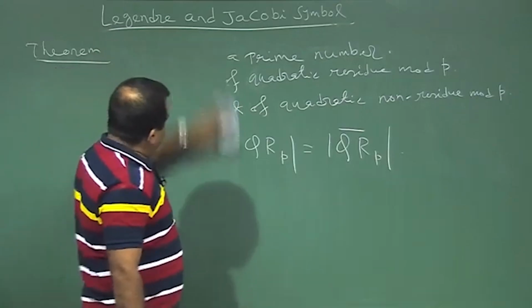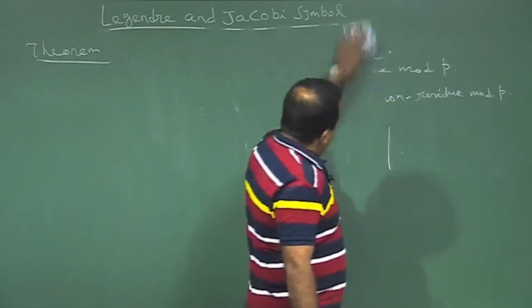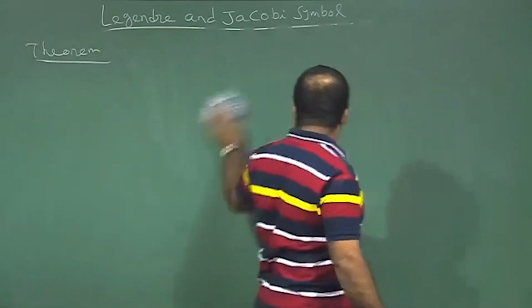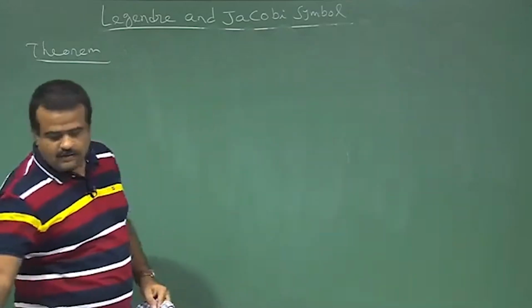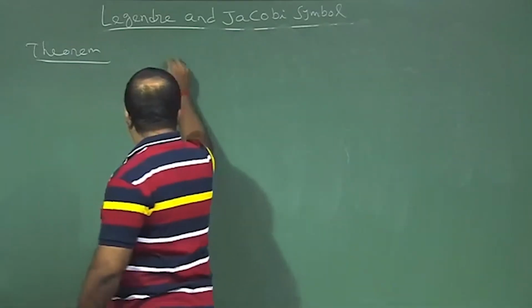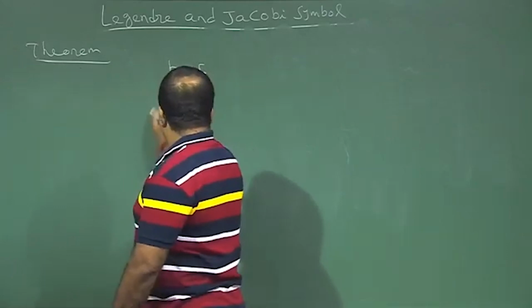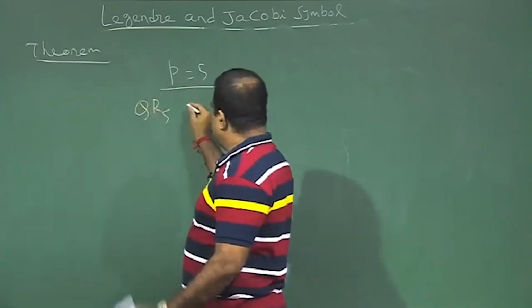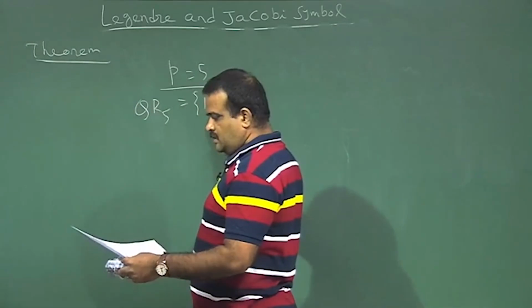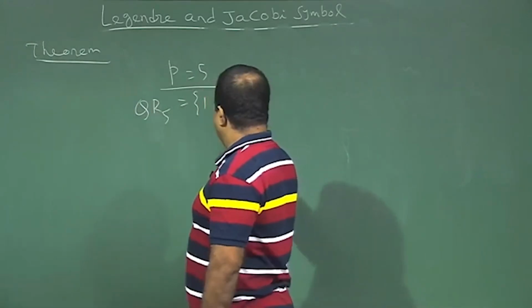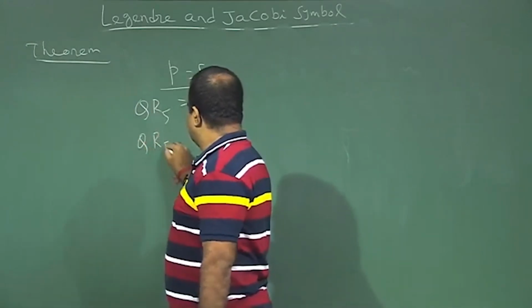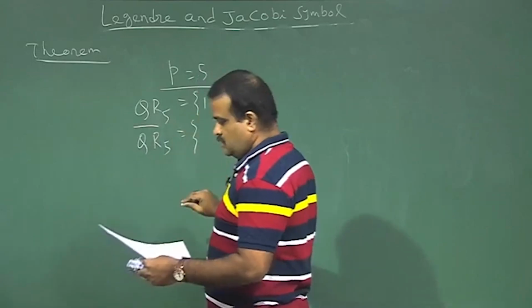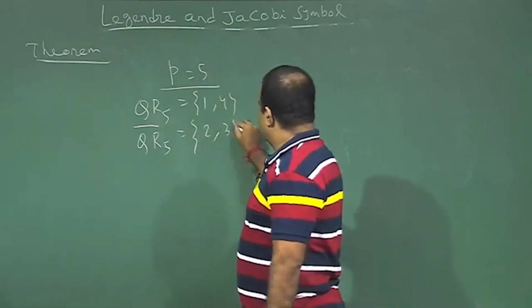Suppose p is equal to 5. We can easily verify that the quadratic residues are 1 and 4, and the quadratic non residues are 2 and 3.